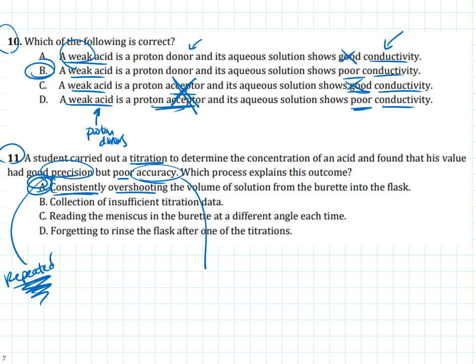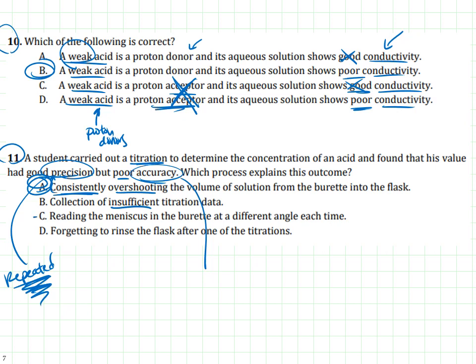This is our answer, but let's make sure that we check the other answer choices just in case. Insufficient titration data isn't necessarily going to affect precision or accuracy, but it will minimize random error. We could have gotten lucky and had good precision and good accuracy, but we don't know.